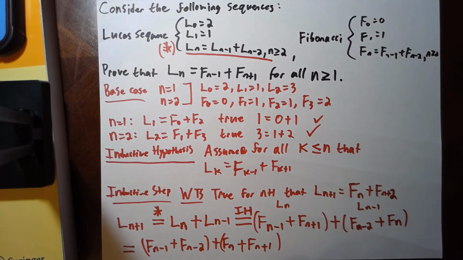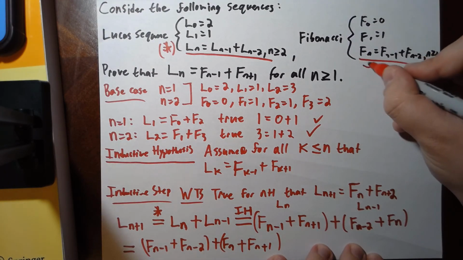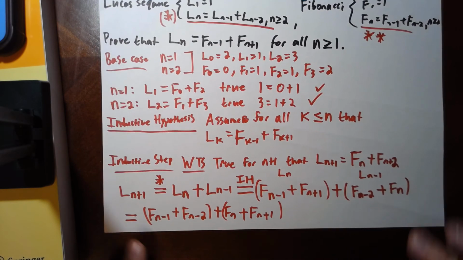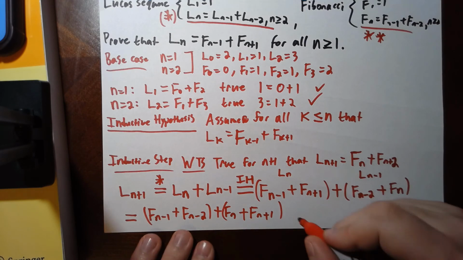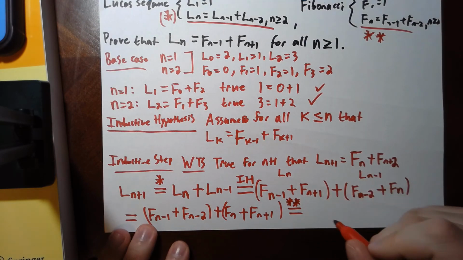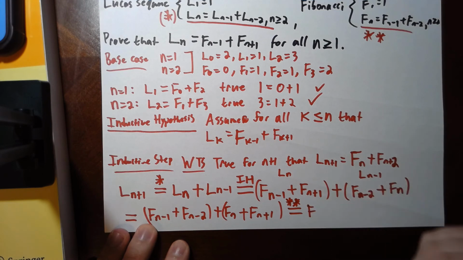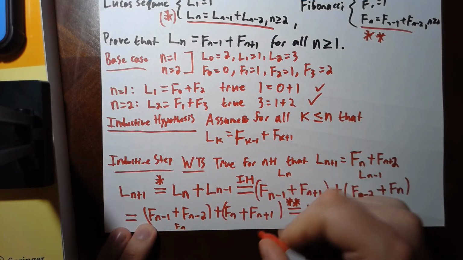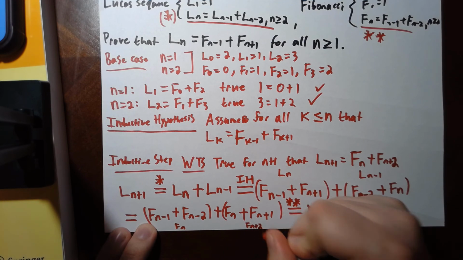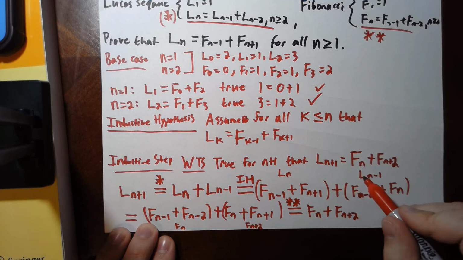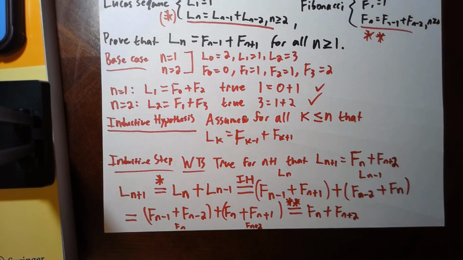And now I'm going to use this, which I'm going to call double star. So this is equal by the double star to exactly what we wanted: this here is going to become f of n, and this is going to become f of n plus 2. And that is exactly what we wanted to show in the inductive step.